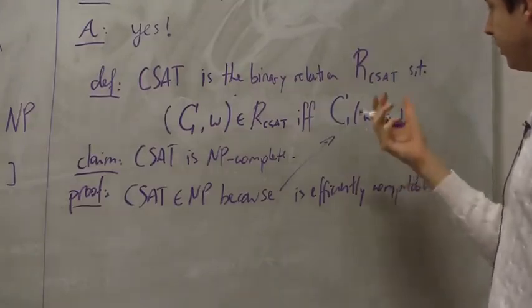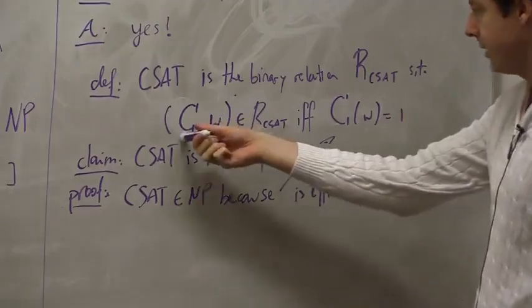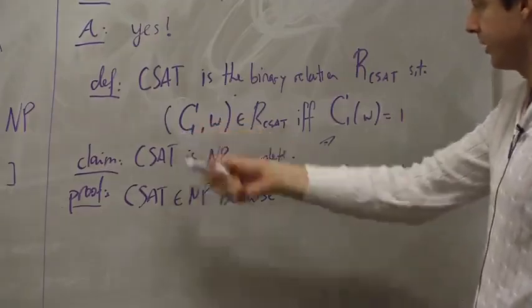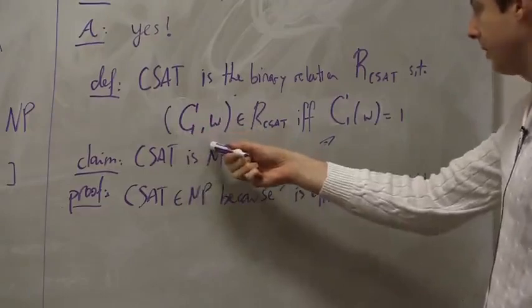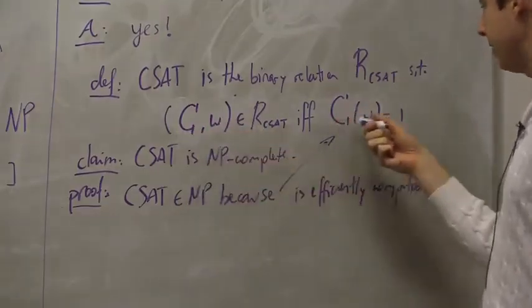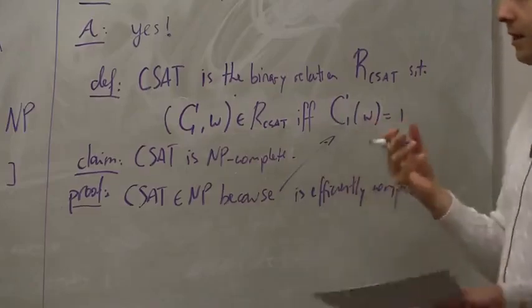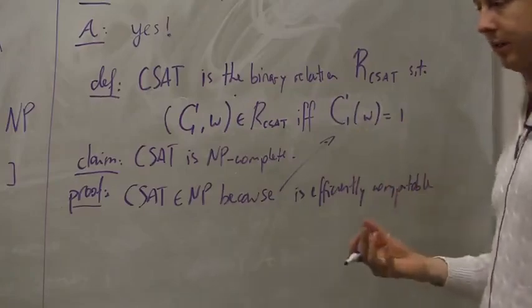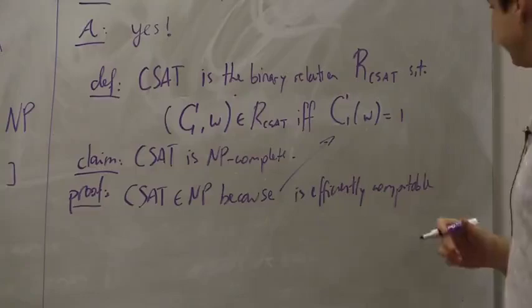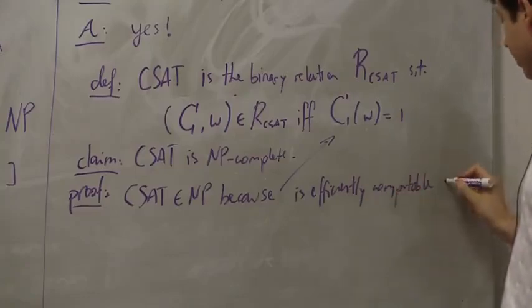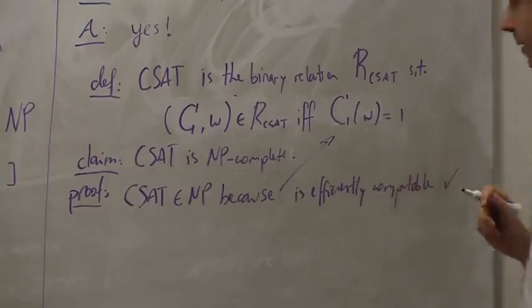Here I need to decide whether, given an instance X, which is the circuit, and a candidate assignment W, if I evaluate the circuit on the input, do I get 1? Is that something I can do efficiently? Sure. Again, you take the circuit, you topologically sort it, and you just evaluate it on the input, gate by gate. So it is certainly a problem in NP.